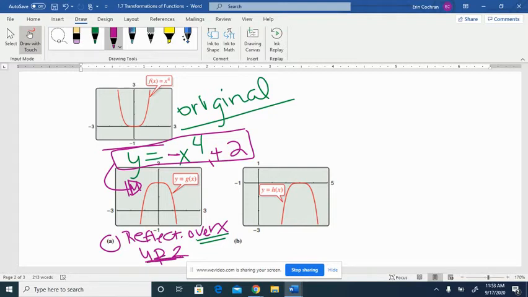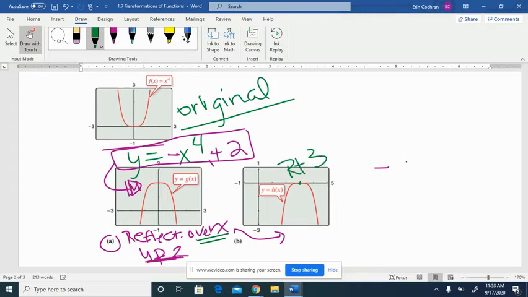Okay. Now for the second one, part B, it's still opening downwards, so that's still a reflection over the x-axis, so we know it's going to be negative in the front. Now we shift it right 3 units.